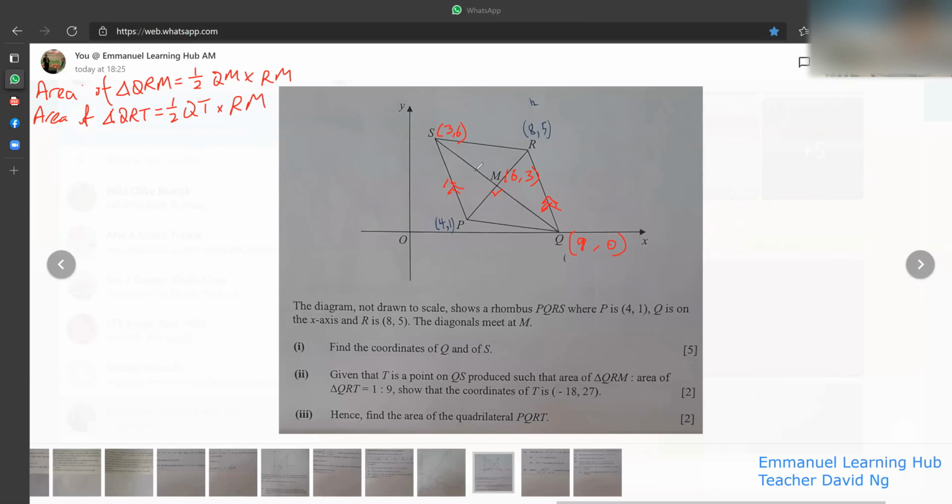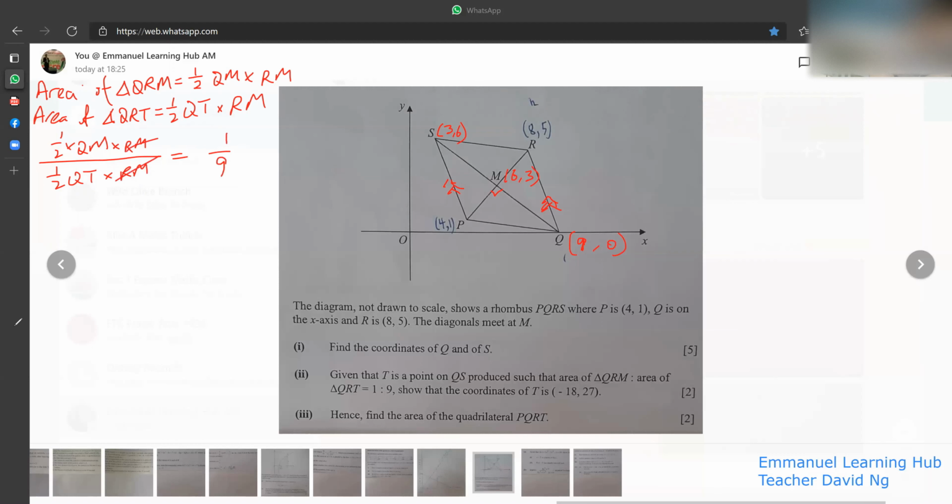Because T is somewhere here, you don't know where QT is, but you know it's QRT. Since the ratio is 1:9, half times QM times RM over half times QT times RM is equal to 1/9.